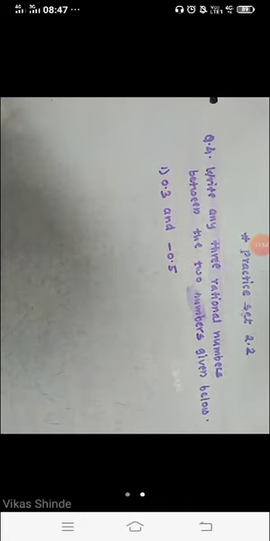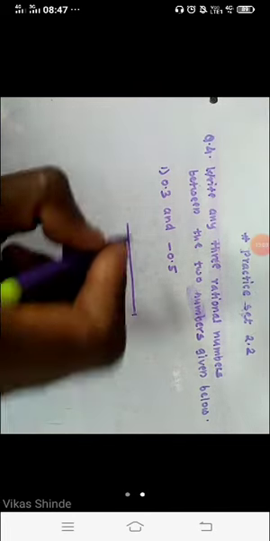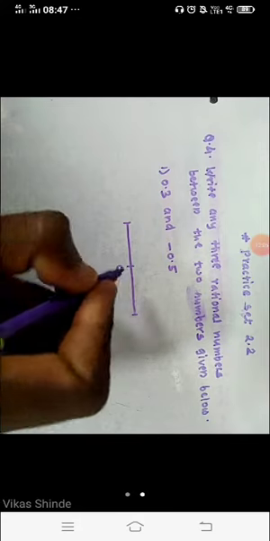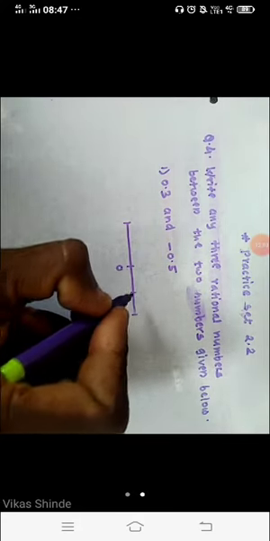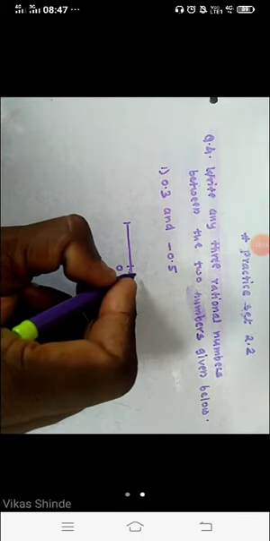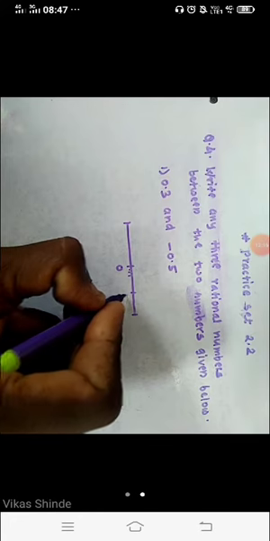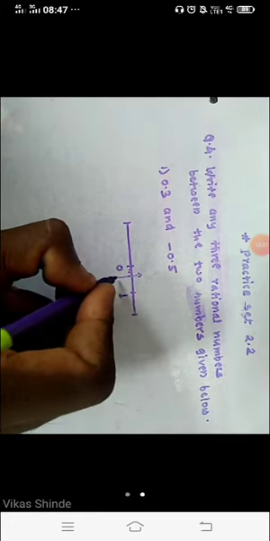Suppose if you observe our scale here, suppose here is 0 and here is 1. In between this, there are 10 lines, 1, 2, 3. Here is suppose 1. This is our number 1, student.